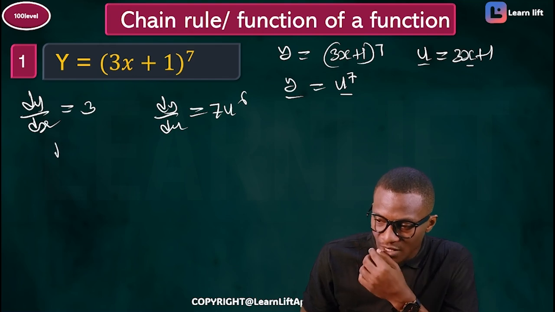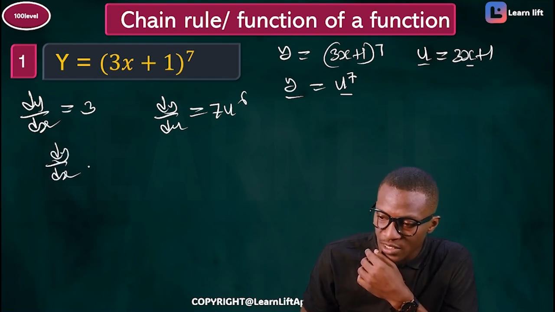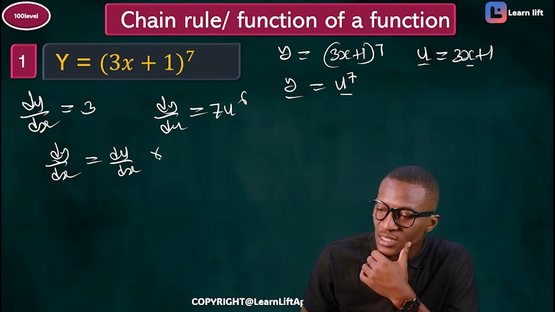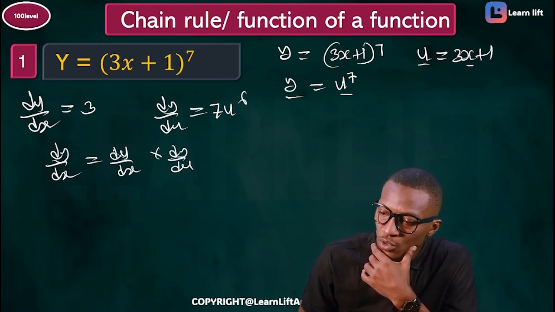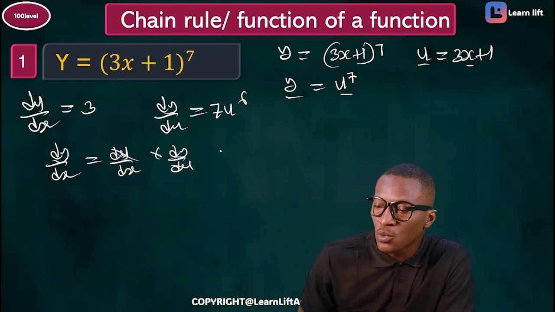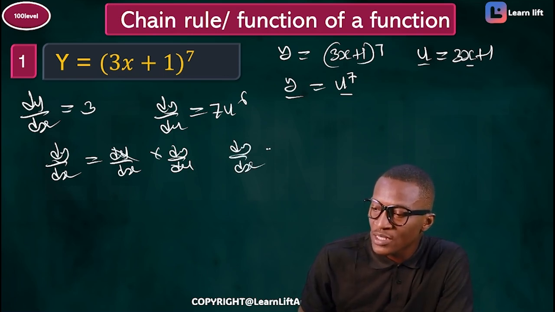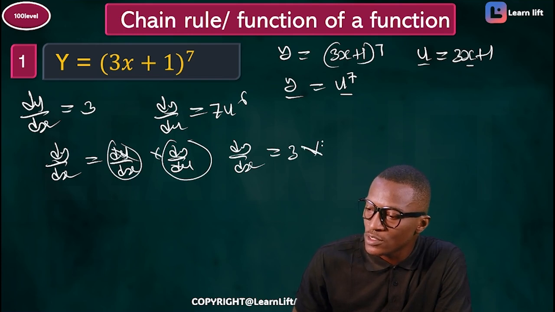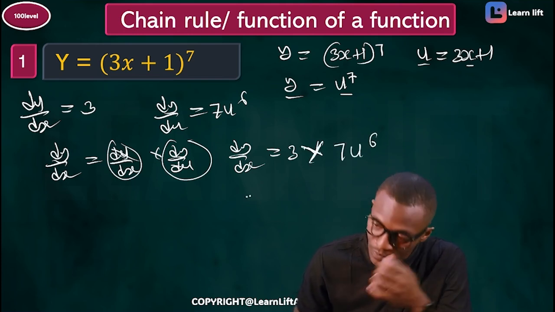So what's now dy over dx? dy over dx is equal to du over dx times dy over du, so that this du will cancel the du. Now dy over dx will be equal to, what's du over dx? du over dx is 3. That becomes 3 times dy over du, which is 7u raised to power 6.